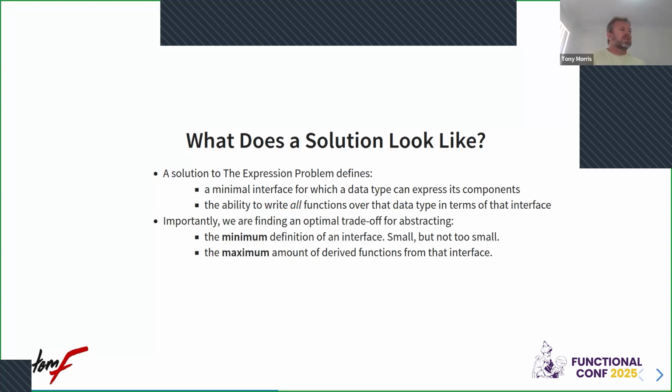So for example, we would have an interface that expresses the relationship between the data type and the integer, or the data type and the Boolean, and then an ability to write all functions over that data type in terms of that interface. Or in other words, all of the functions will not be specific to the data type because they will be written in terms of the interface.